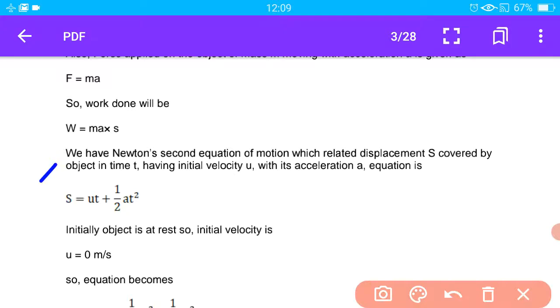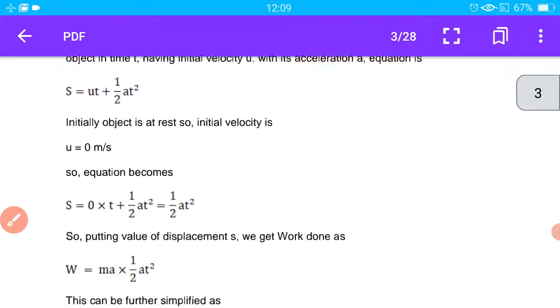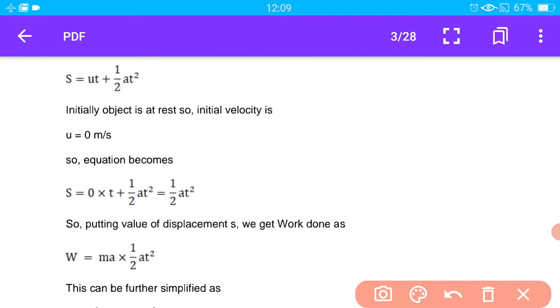We have Newton's second equation of motion, which relates displacement s covered by an object in time t having initial velocity u with acceleration a: s equals ut plus 1/2 at². Initially the object is at rest, so initial velocity is u equals 0 meter per second.